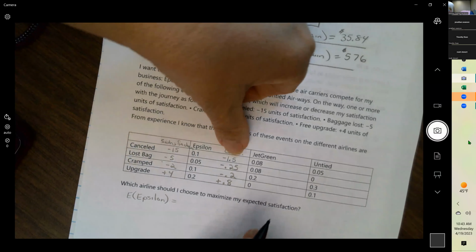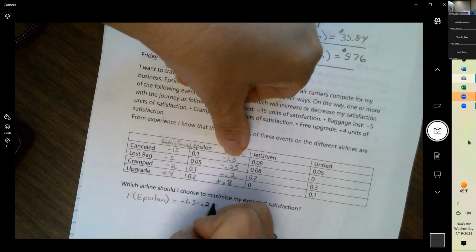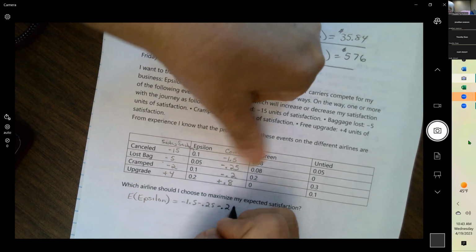And then you add them up: -1.5 minus the 1/4 minus 0.2 plus the 0.8.